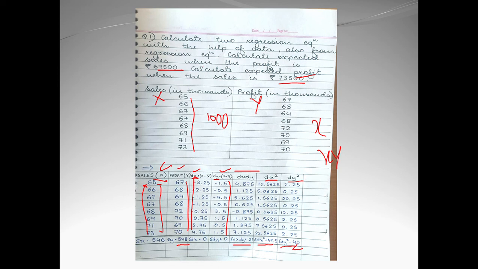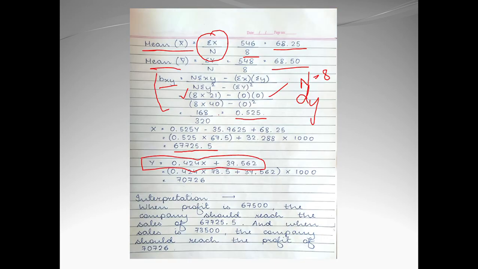Now we are asked to calculate the profit when sales is 73,500, and we have done the same thing over here. We chose the equation y on x, and we put the value, that is 73.5, into that equation, and we've also multiplied both sides of the equation by 1000 because we had reduced this value to make our calculations easier, but we want answers in thousands.